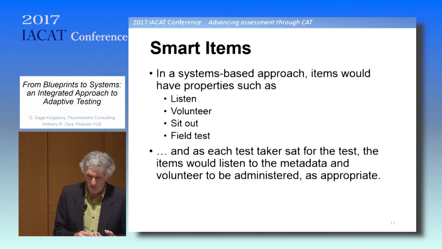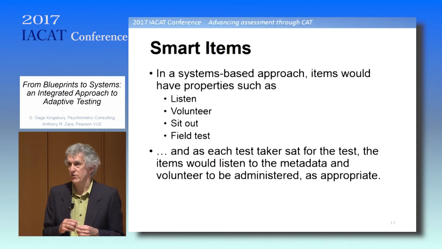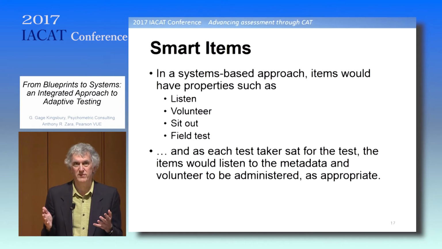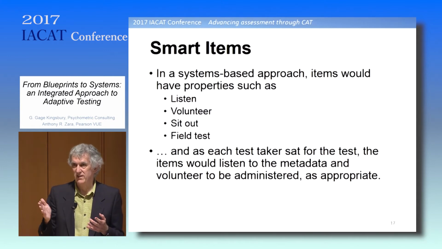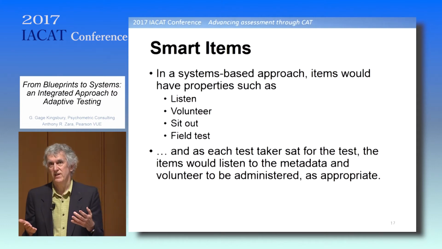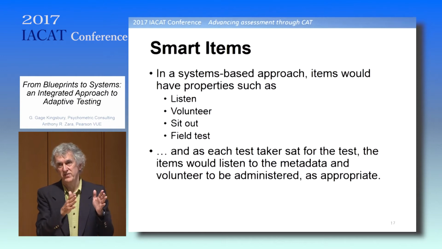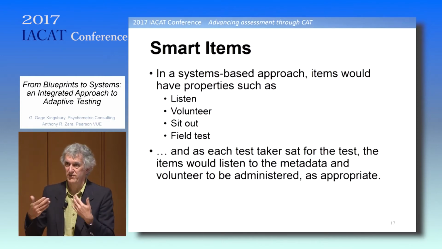And finally, we've suggested that it can decide whether it's a field test item or not. If you have a really nice publishing system in which you're delivering tests dynamically, adding items dynamically, then you're probably feeding items into the field test process, and they are coming out of the field test process at different times.